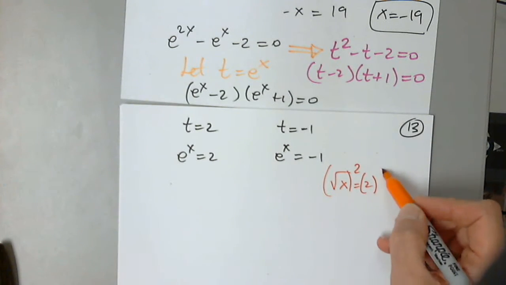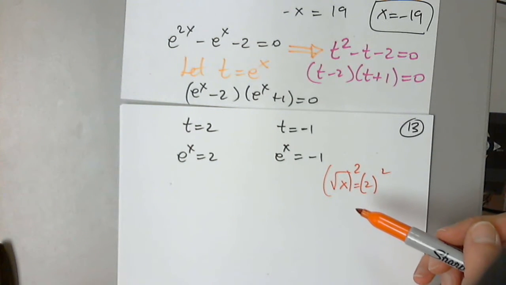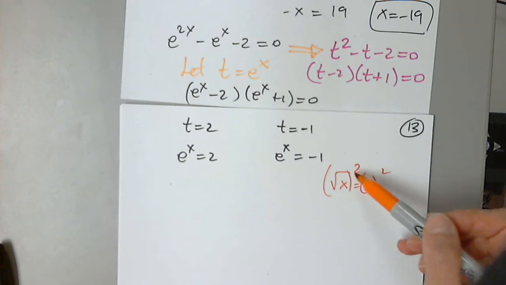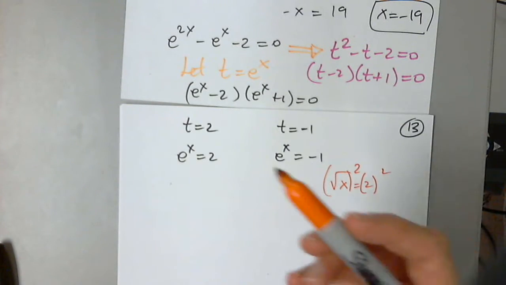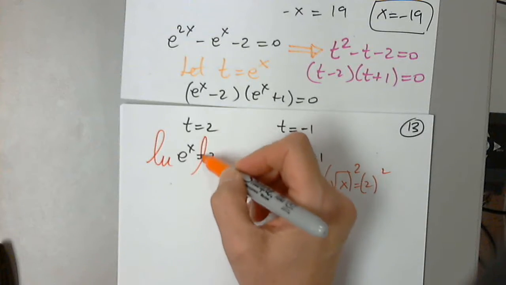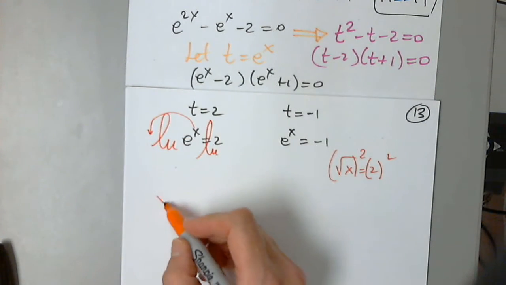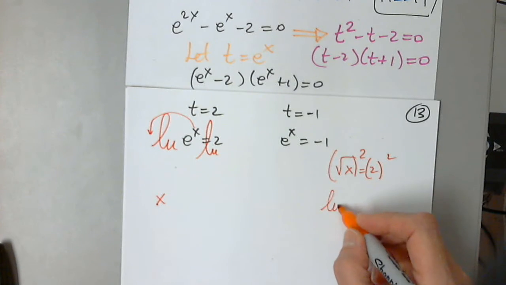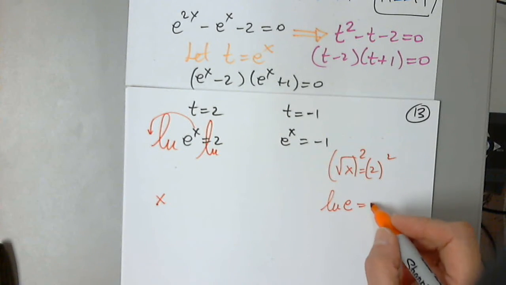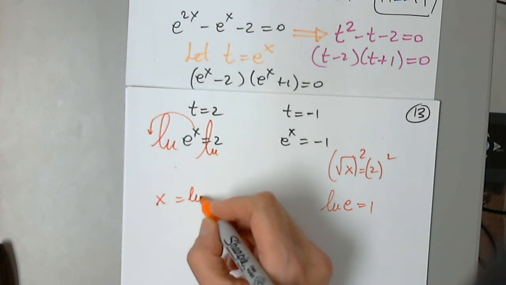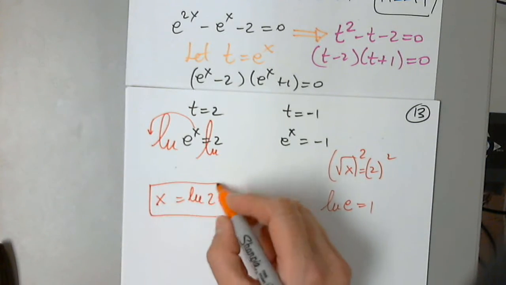Yes. Why? We applied the inverse function, the square root and squared. We apply natural log to both sides. We bring x in front. How much is natural log e? 1. Very good. So then the first answer is natural log 2.